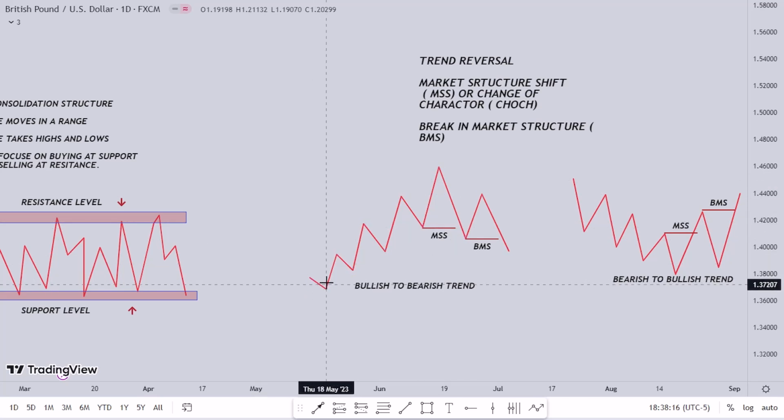You see, in this case, we keep on taking highs and the lows are protected. Okay, so we are taking the highs, and at this point we take a low. It means the behavior of price has changed, the character has changed, and so that's the name, the change of character. We can also say market structure shift, MSS.